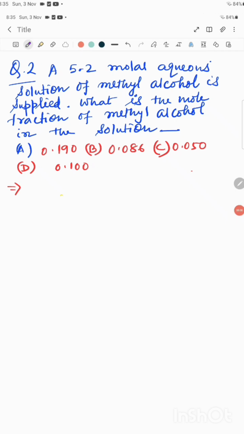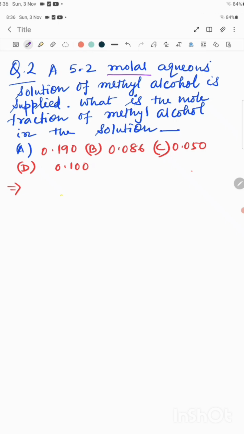Okay students, now the second question. This question tells a 5.2 molal aqueous solution of methyl alcohol is supplied. What is the mole fraction of methyl alcohol in the solution?